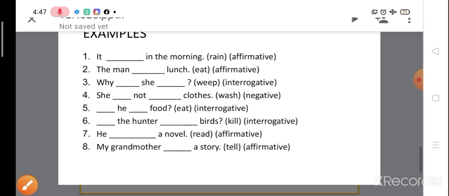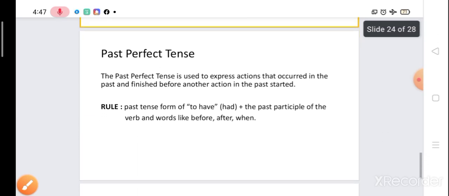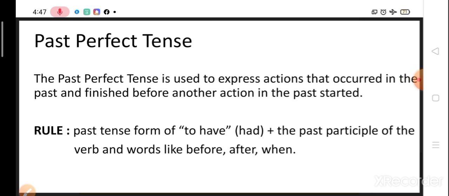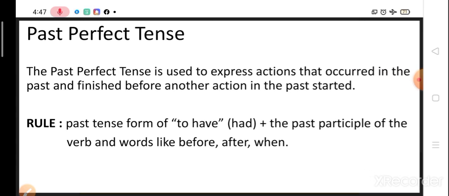Moving ahead to the next type, that is the past perfect tense. The past perfect tense is used to express actions that occurred in the past and finished before another action in the past started. Past perfect form of to have, that is had plus past participle of the verb, and words like before, after, when.